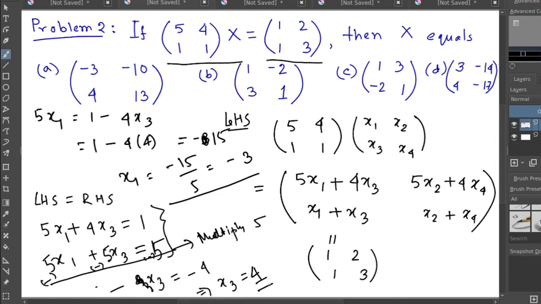Similarly, if you calculate the other equations, then what you will be getting is the following.